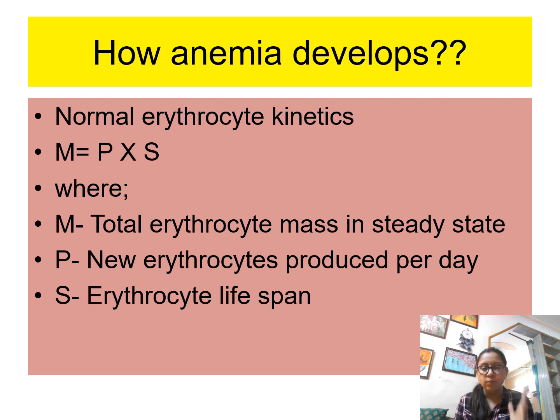See a formula: M = P × S, where M stands for your total erythrocyte mass in a steady state in our body, P is the new erythrocytes produced every day, and S is the erythrocyte lifespan. We need new erythrocytes per day because RBCs have a particular lifespan of 100 to 120 days, after which they are destroyed. To maintain a steady amount, our body has to produce new erythrocytes every day.